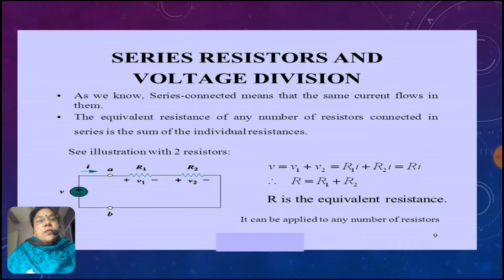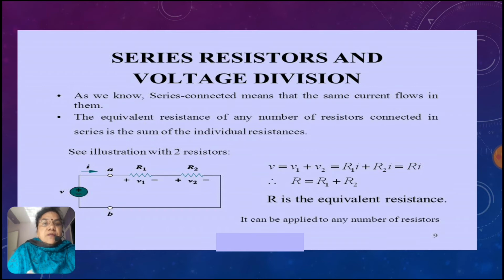Now we will see further what is the series combination of resistors and how the voltage division is possible. Also we will see the parallel combination of resistance and how voltage division is possible. As we know, series connected means that the same current flows in them. The equivalent resistance of any number of resistors connected in series is the sum of the individual resistances.